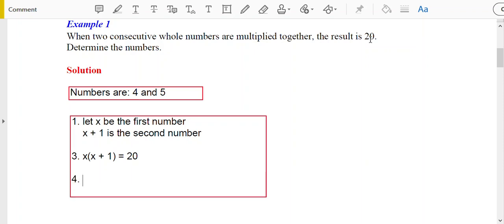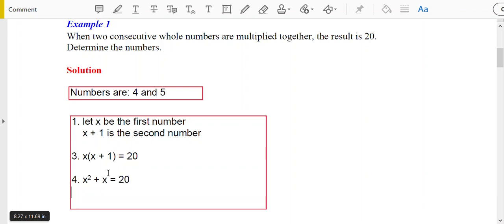Step number 4 is solve this equation. The way we need to solve this equation in this case is we'll need to expand the brackets, which is x squared plus x equals 20.